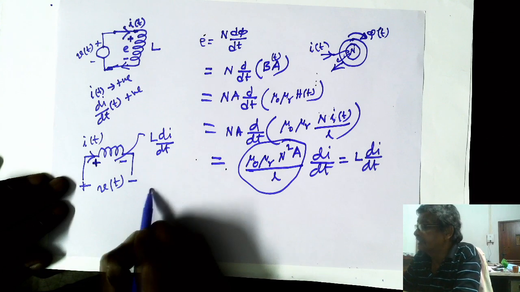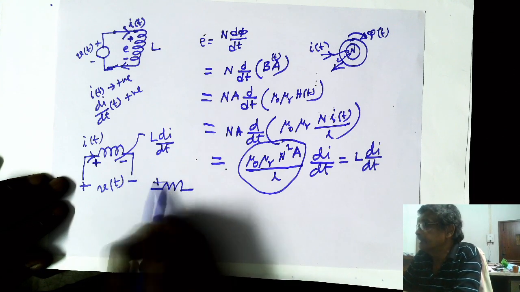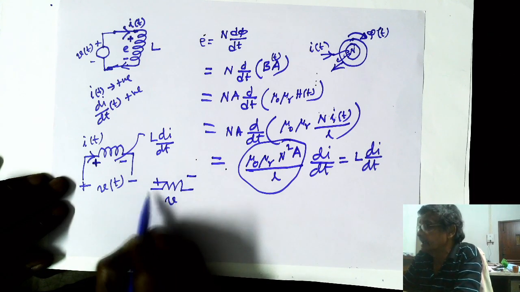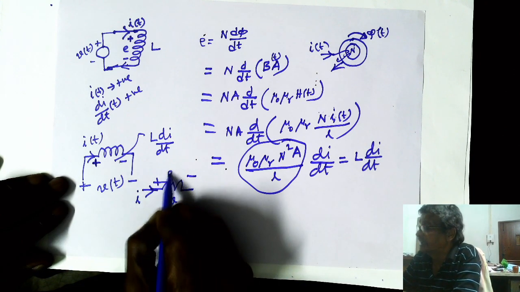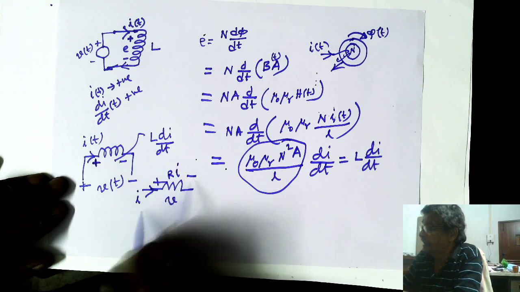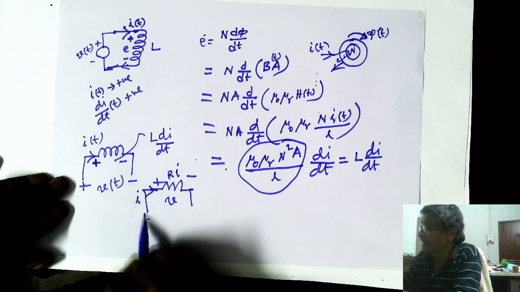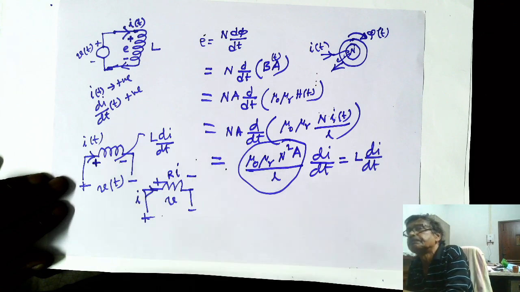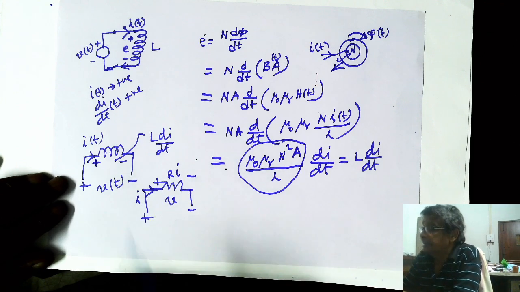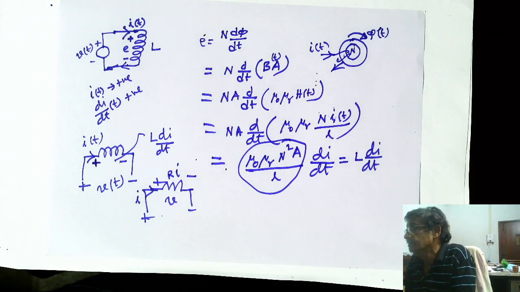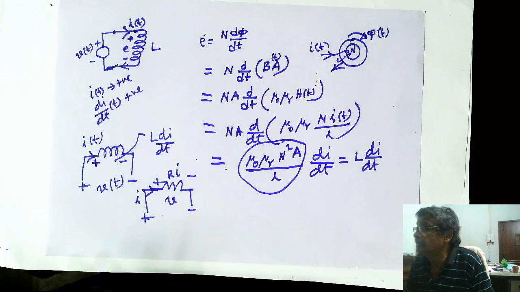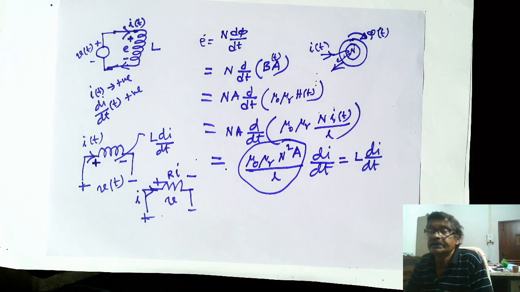For a resistance, it was like this: plus minus, applied voltage, current enters here, and a voltage drop across the resistance with this polarity was R i. In case of an inductor, it is not directly proportional to i. It is V(t) equal to L di/dt.